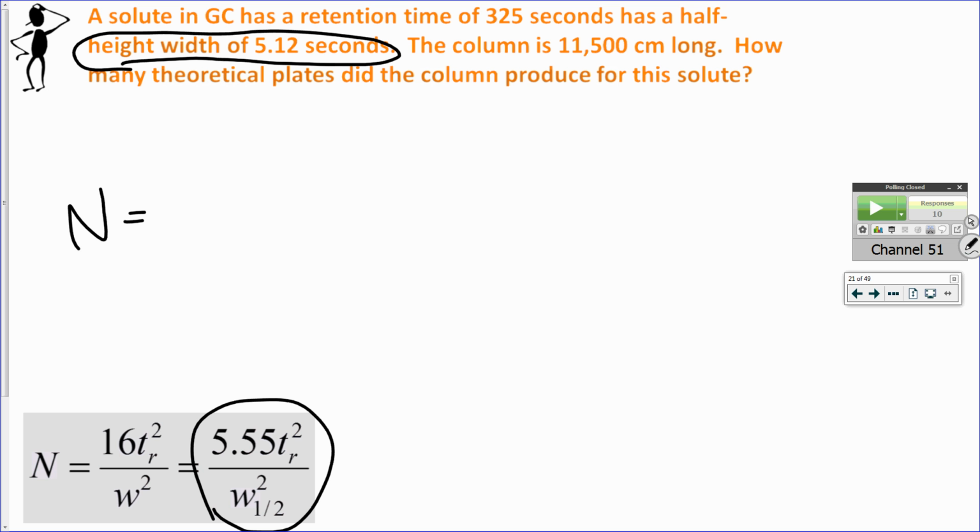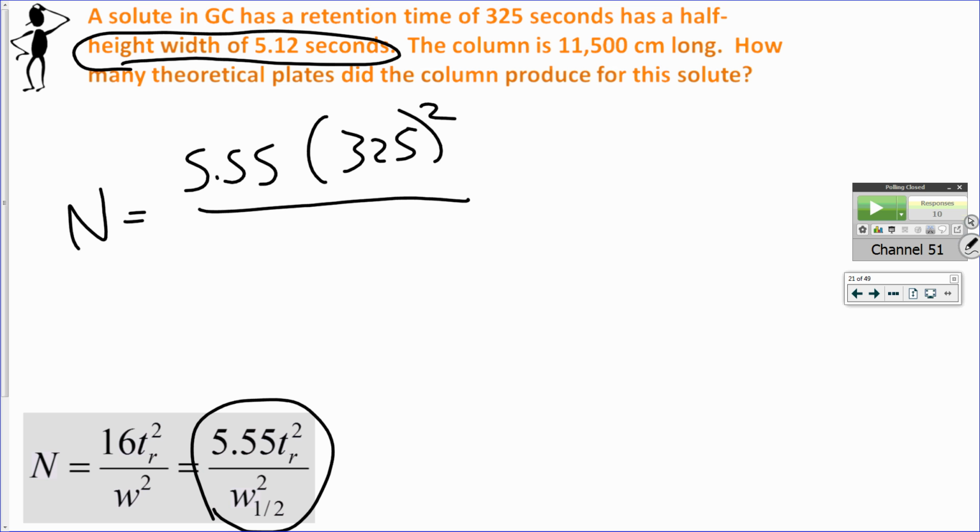So it's 5.55 times the retention time squared. So 325 seconds is the retention time. All right. Divided by the width at half height, 5.12 seconds squared. And these are seconds in both, so you see they're going to cancel out.